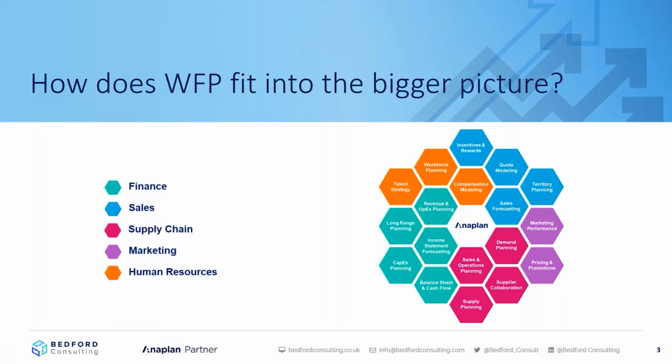So if we take, for example, the green honeycombs and we look at the finance use cases that we have here, and specifically if we look at our income statement forecasting, in that we're going to be forecasting OPEX. And from that OPEX forecast, we're going to be looking at employee costs, salaries, benefits, and so on.